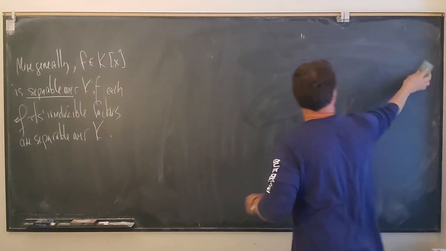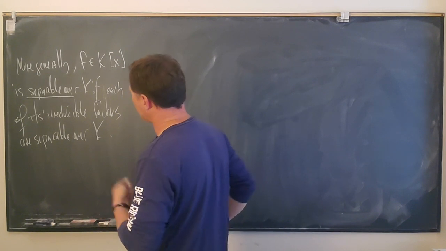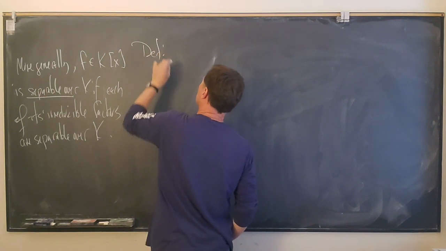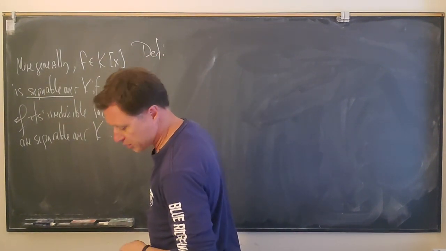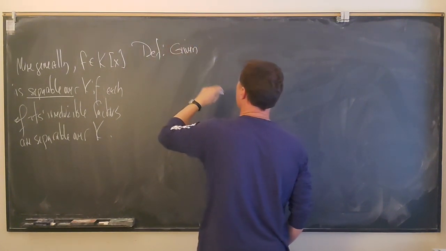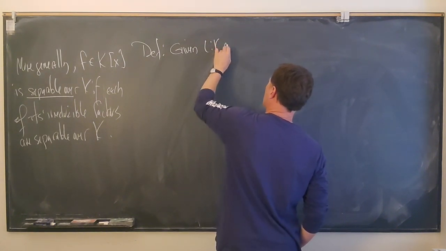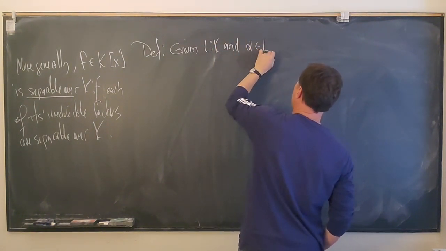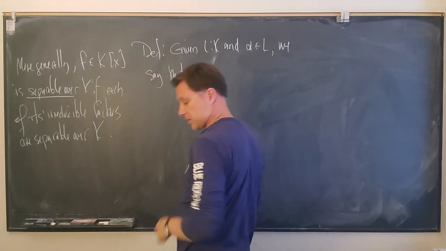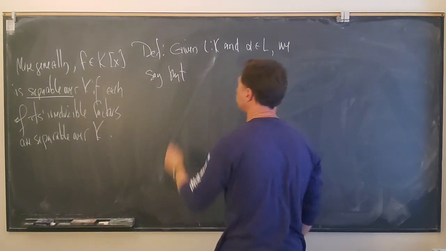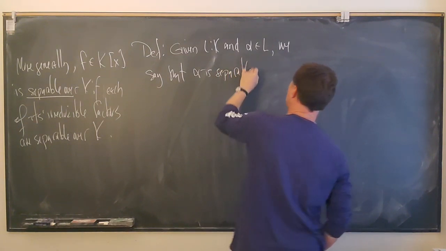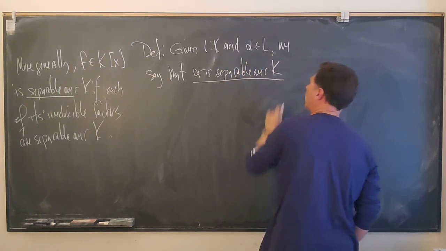Now, so we've defined what it means for a polynomial to be separable. Now we'd like to define what it means for an element to be separable. So we start off with an extension. Given an extension L over K and alpha in L, we say that the element alpha is separable over K. Okay, so what should this mean?